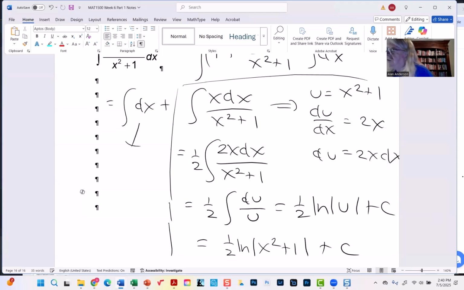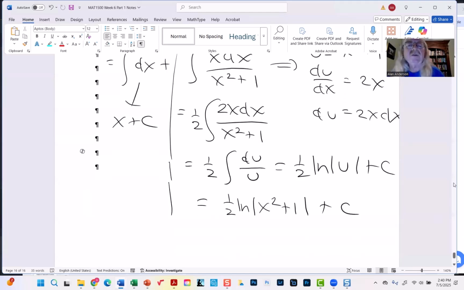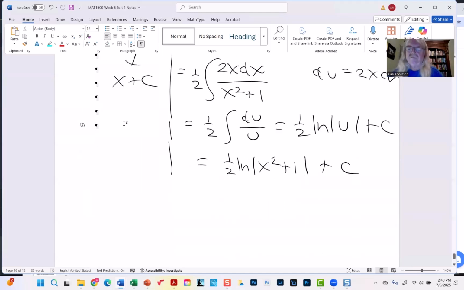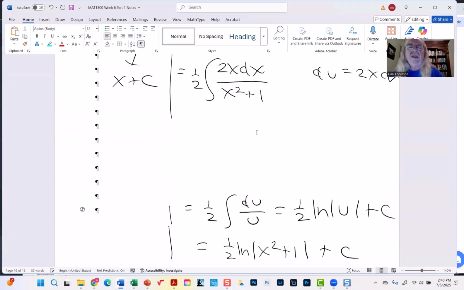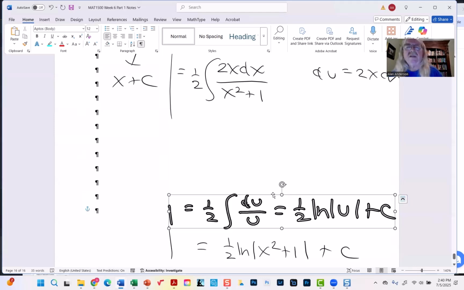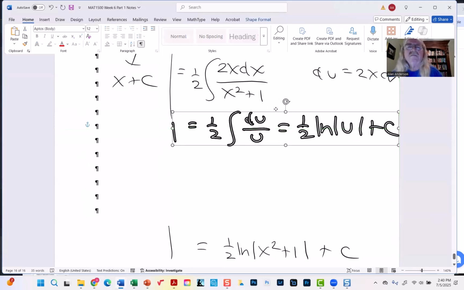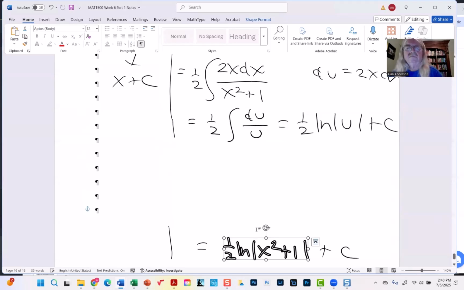And then this one is very simply x plus c. Now we don't need both c's. We'll combine them into a single constant. And then we'll be all set. All right, hold on. I have to clean this up a little bit.